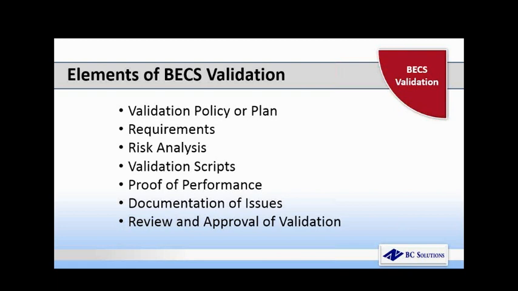The elements are validation policy or plan, requirements, risk analysis, validation scripts, proof of performance, documentation of issues, and review and approval of validation. As I said, all of these will fit together to form your complete validation.